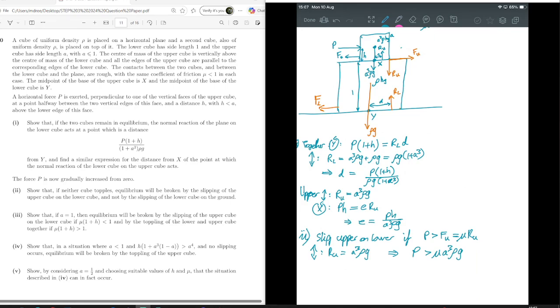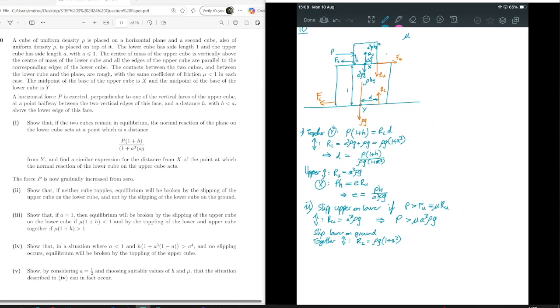And now we need to do a similar thing for the lower. So slip lower on ground. And again, I think we want to tackle this looking at the entire object as a whole. So together, again, looking vertically, we have that the RL is rho g 1 plus a cubed.